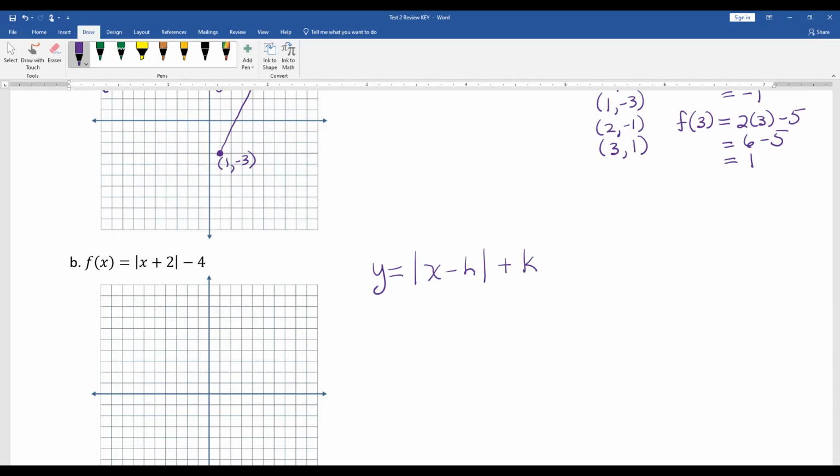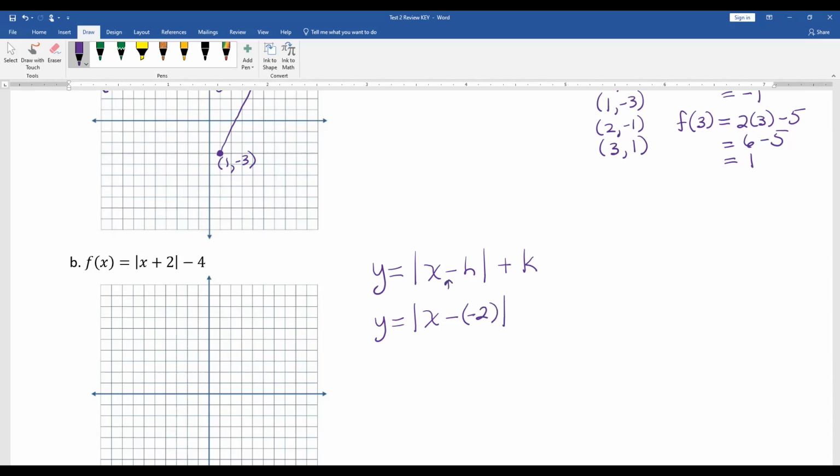So what you want to do is write your formula with the signs, and just leave blanks where you would put your h and your k. In this case, we have x plus 2 inside our absolute value. So how do we write x plus 2, but with a subtraction? x minus negative 2.